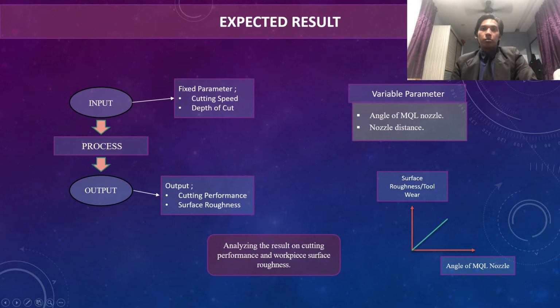The variable parameters are what we change during the process, which are the angle of the MQL nozzle and the nozzle distance from the workpiece. After that, we expect to get the graph of MQL nozzle angle against surface roughness and tool wear. Then we can analyze the result on cutting performance and workpiece surface roughness.